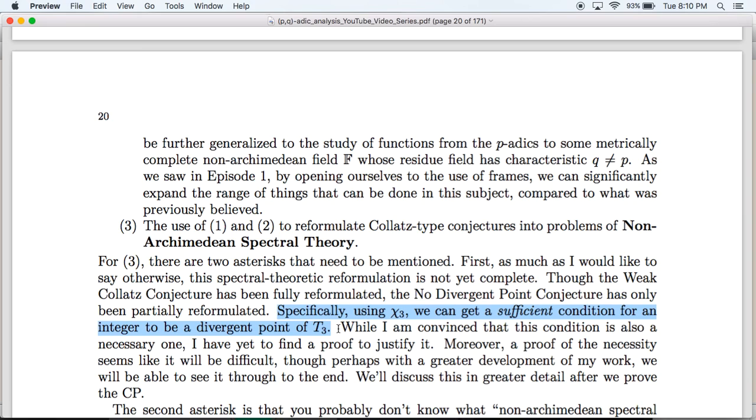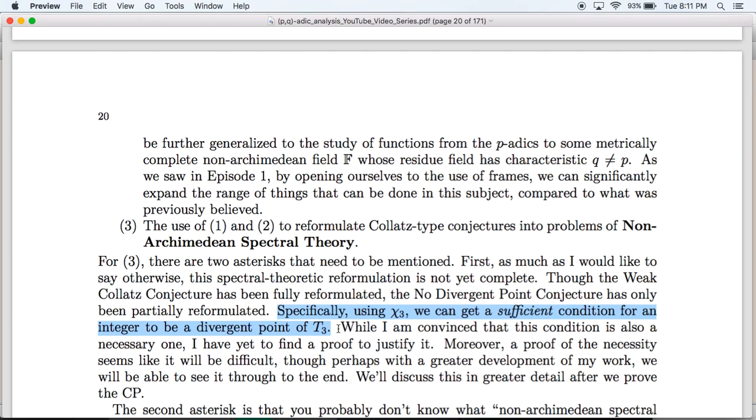Either it is a periodic point of the map, it is a divergent point of the map, or it is a strictly pre-periodic point of the map, meaning that it is eventually iterated to a periodic point, but the point itself is not periodic. I am convinced that the converse of this result holds.